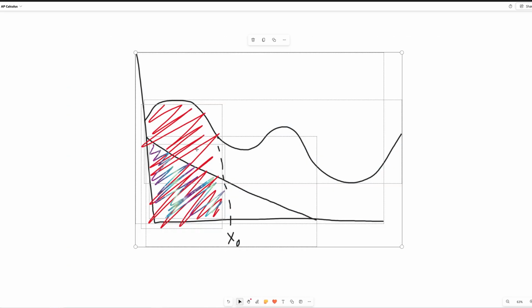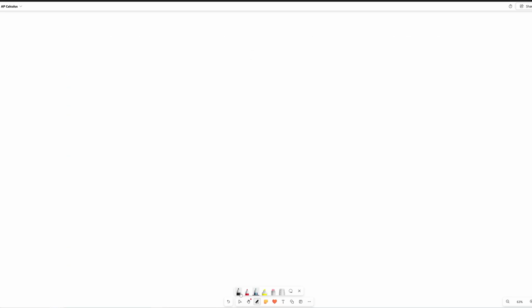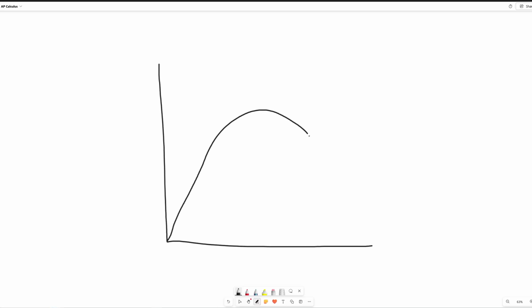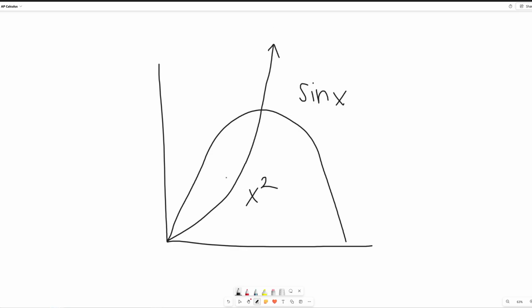So how would that look? Well, let's just take the functions sine of x, and then we're going to have x squared. So sine of x is actually bigger than x squared between 0 and whatever value this is.